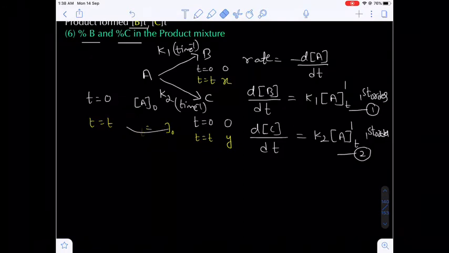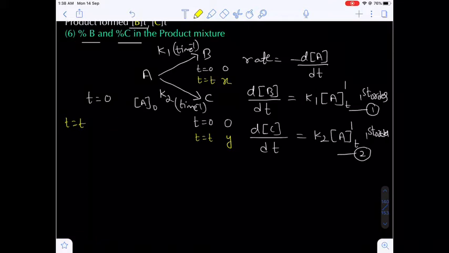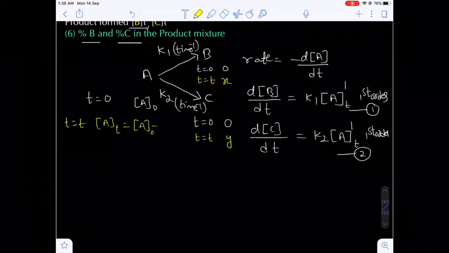Now I am writing here, at time interval t, what is the concentration of reactant? That will be equal to the initial concentration minus how much decomposes. It decomposes into B, that is x moles, and into C, that is y moles.